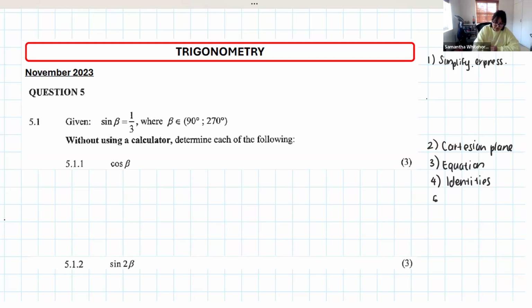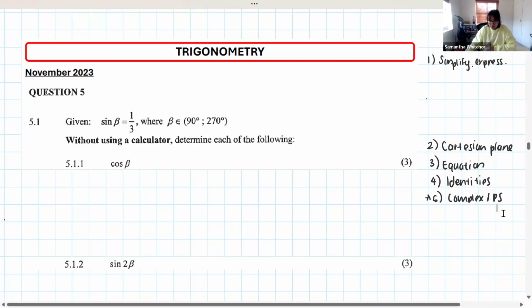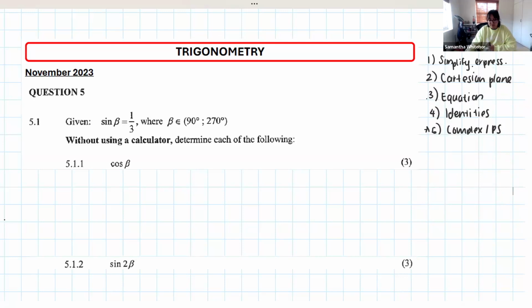You then have the 5th type of question, which is your complex problem solving type of questions, which again is using all your knowledge that you already have from essentially being able to do the first 4 types of questions and applying it to a 3D trig, a trig function, etc. Right, so those are the 5 types of trig questions that you're going to get.